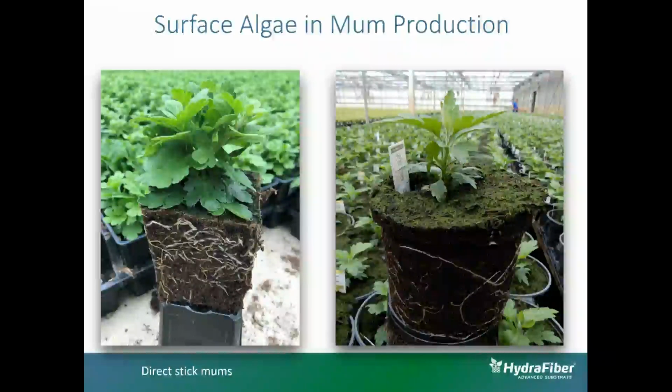And that's because you have a lot of soil surface exposed until that plant can get large enough to shade out the algae that's below it on the soil surface. So again, it can be a challenge because, like on the previous slide, until we have roots in the root ball to where it can take up water itself, we have to keep those plants turgid.